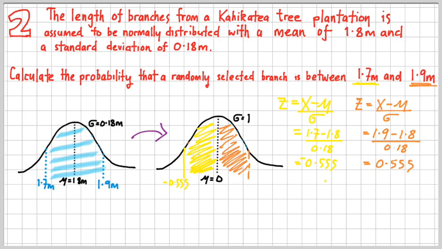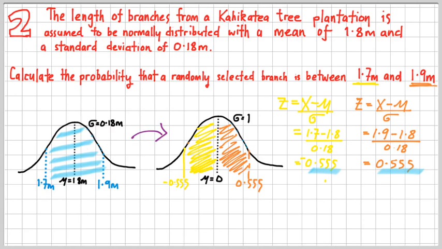So if we go to our normal distribution diagram on the left, 1.7 meters is the same distance away from the mean as 1.9 meters is from the mean. So you may want to think about that a bit further, but if you're happy with this, the two pieces of yellow and orange to the puzzle, let's press on.